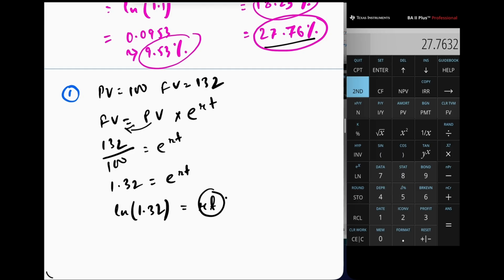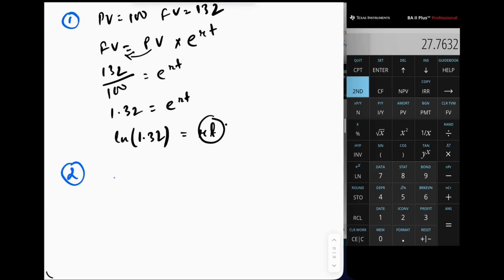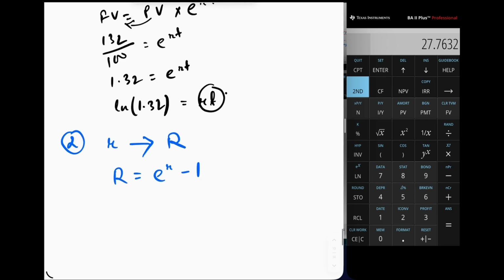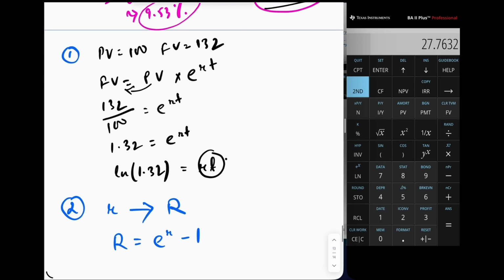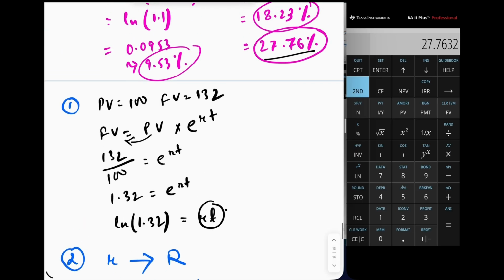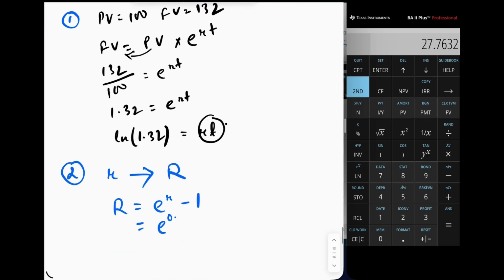Let me stretch it a bit. If you have this continuous compounding, you can always compute this big R, that is the holding period return. The formula is R equals e to the power r minus 1. So this r is 27.76, I can write it as 0.2776, minus 1.